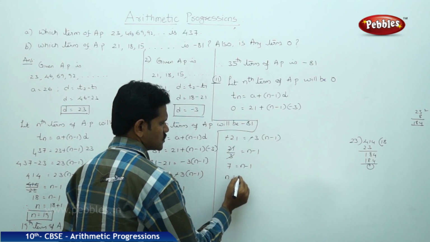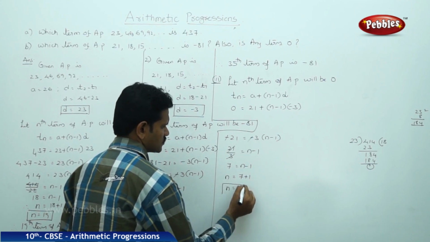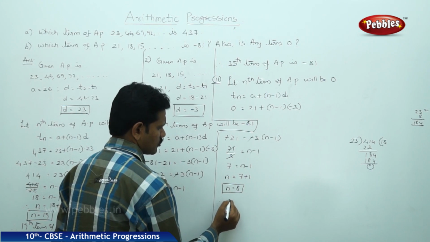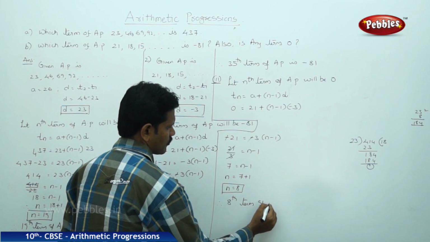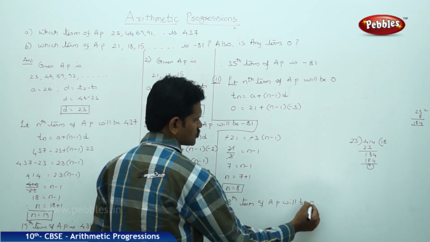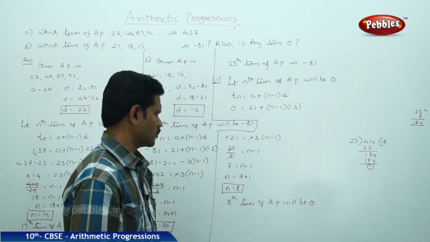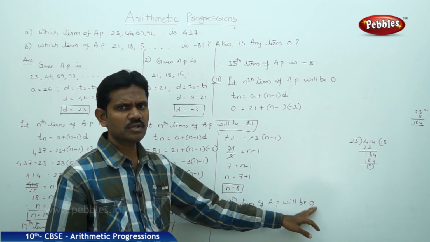Therefore n is equal to 7 plus 1, that is n is equal to 8. Therefore, the eighth term of the AP will be 0. At the eighth term the value must be equal to 0.